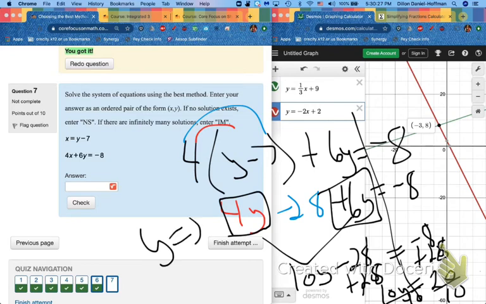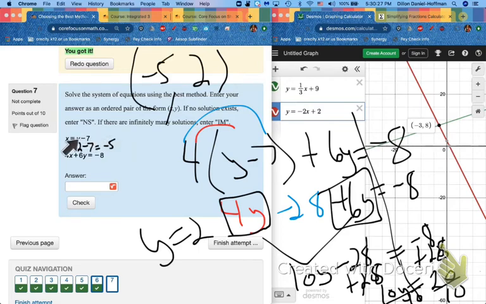Y is 2. And the good thing about substitution is the second one's much easier to solve than the first, because we know that x is y minus 7. Well, if y is 2, then 2 minus 7 is negative 5. So then x is simply negative 5.